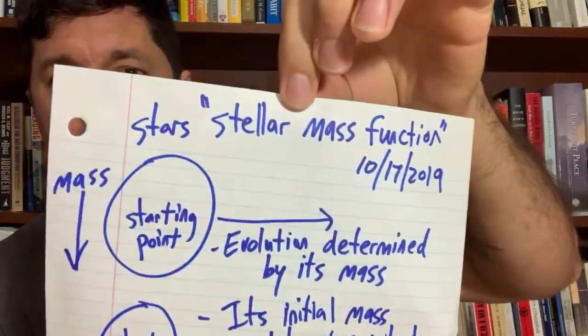So when you read the dogma's papers where it has the stellar mass function, keep in mind that's where they go seriously wrong. But anyways, that's the main difference.